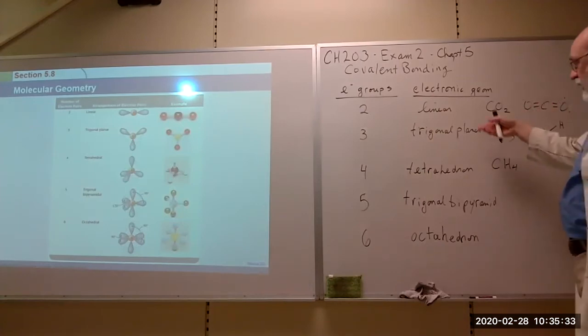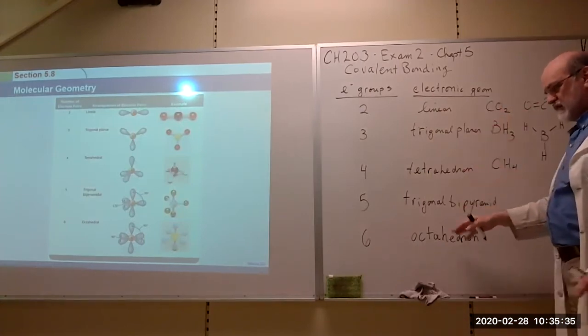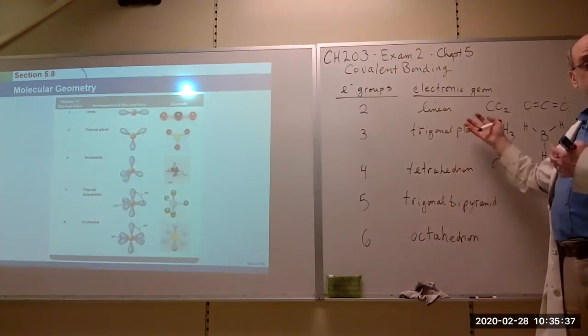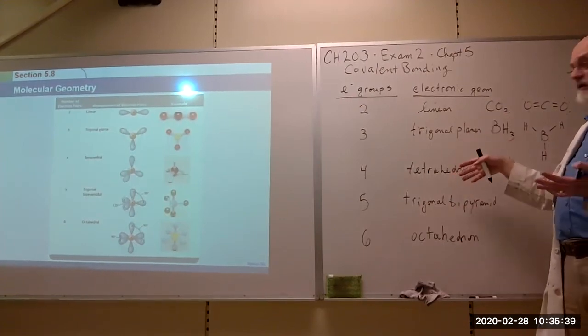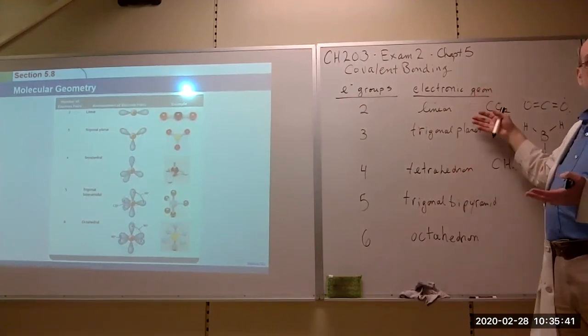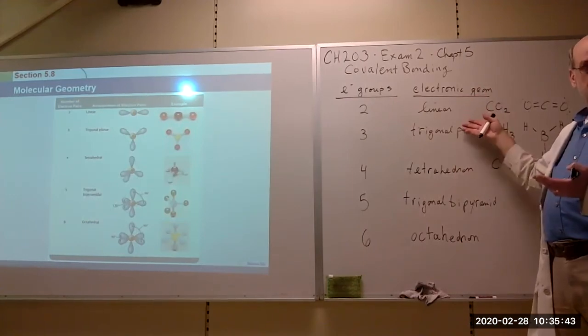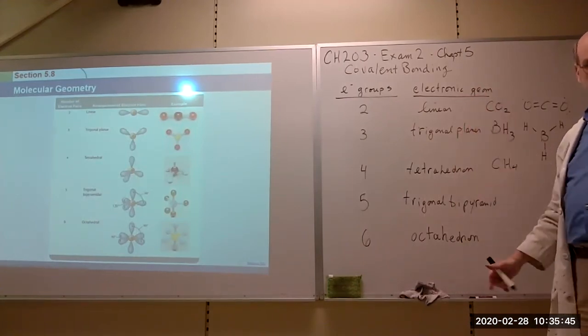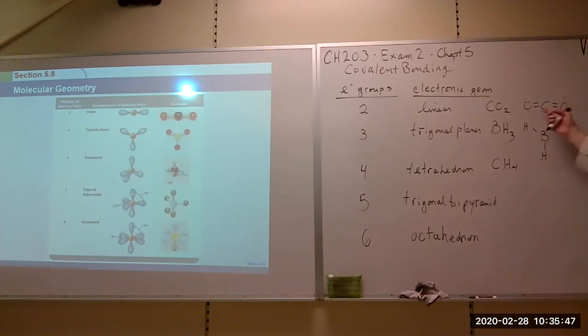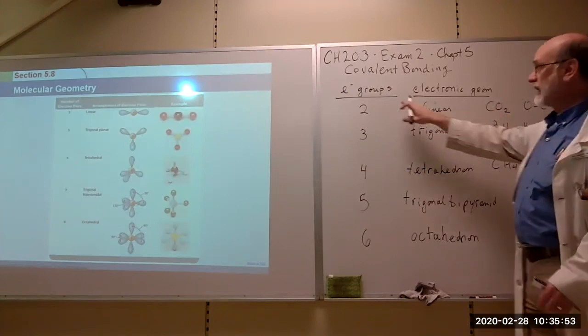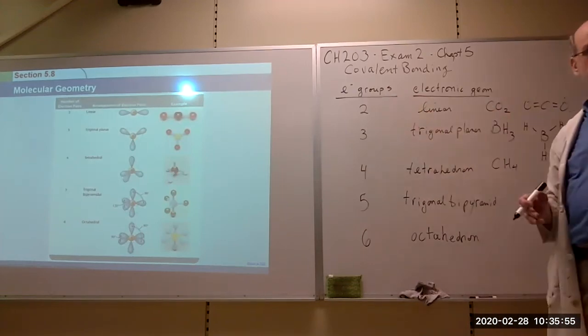Now, if all of these positions of these geometric structures are occupied by atoms, then the electronic geometry and the molecular geometry are identical. And the examples I've given here are just that. These are all filled. These electron groups are part of bonding pairs.